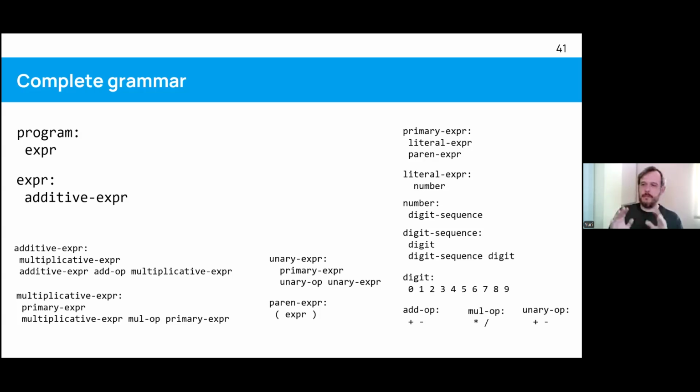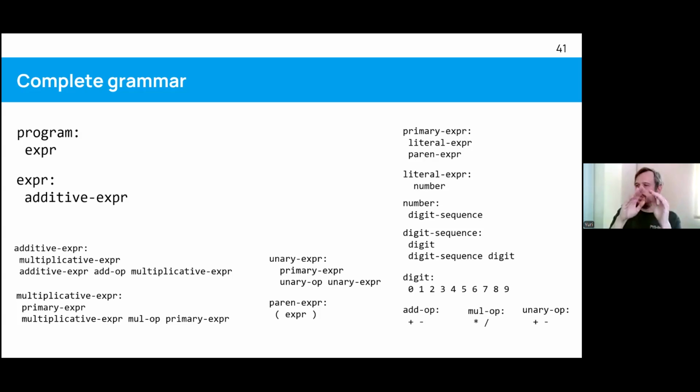So the program will call expression, which will call additive, and so on and so forth. The parser goes from the starting symbol, from the topmost production, and it goes down, down, down.